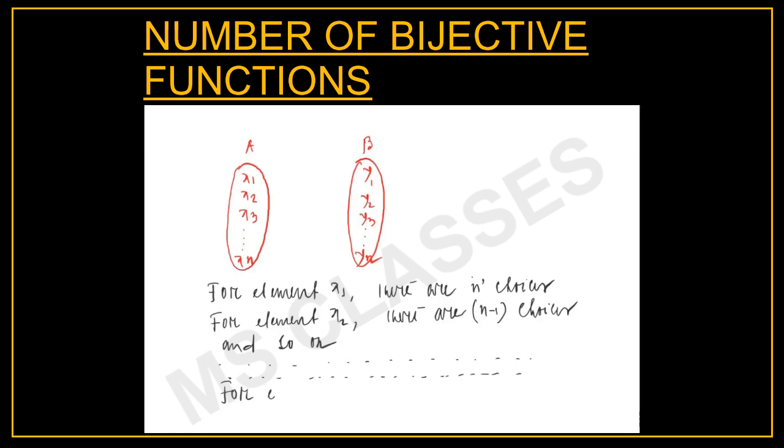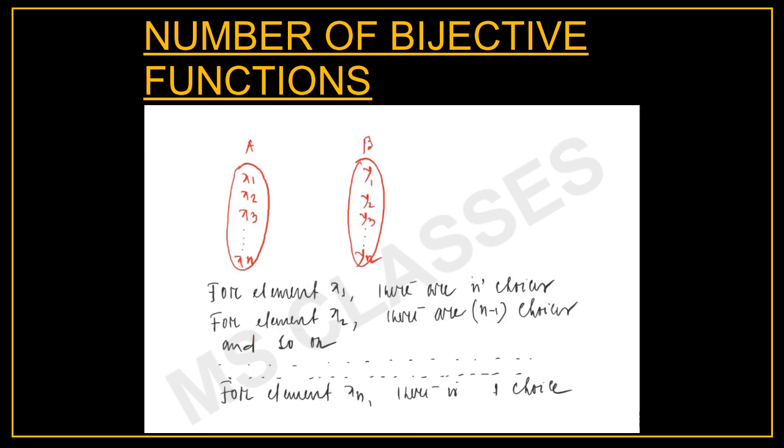For element xn, there is 1 choice only. Now here, all the operations have to be completed to complete the mapping. That is, the whole work will be complete when all the operations are done.